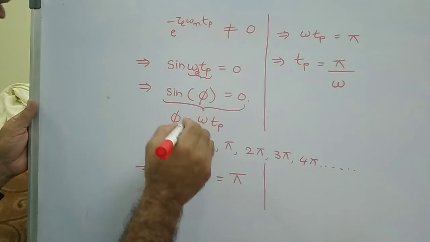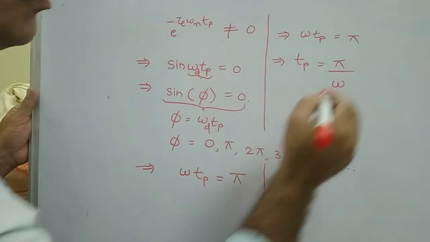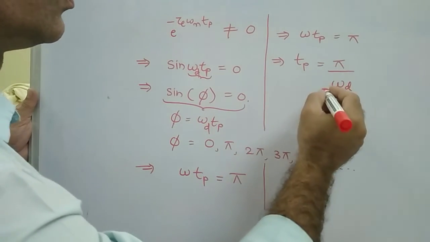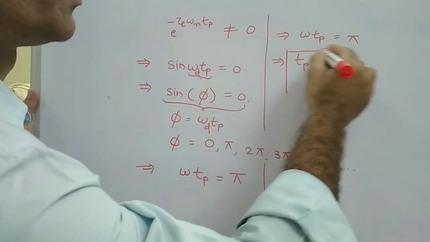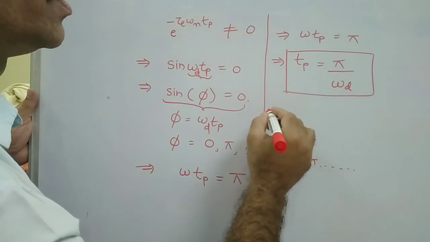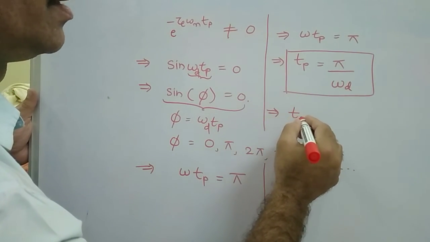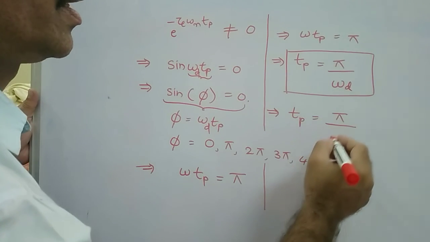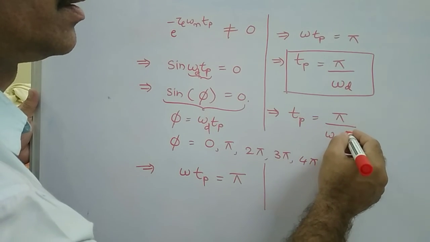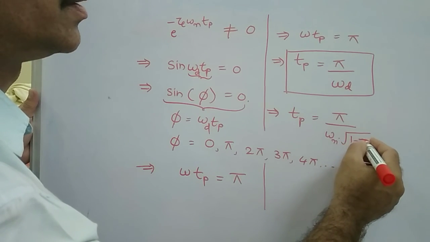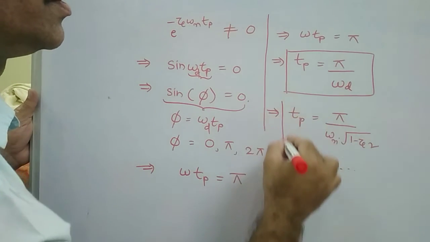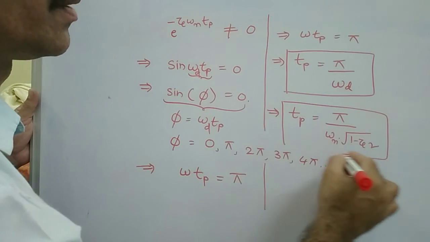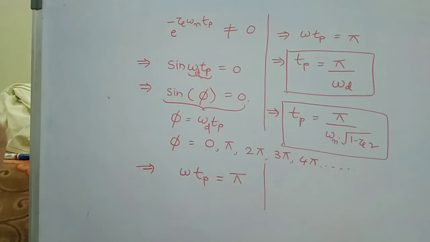So this is your expression for tp. This implies tp, the peak time, is equal to pi by omega d, which is pi by omega n into square root of 1 minus zeta square. This is your final expression, the expression for tp, that is peak time.